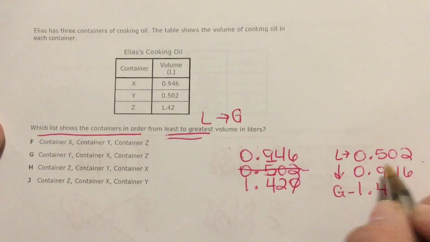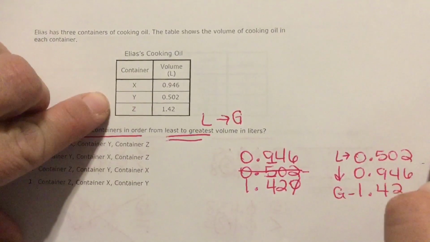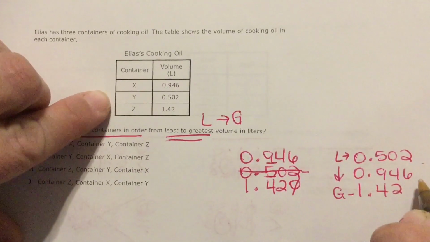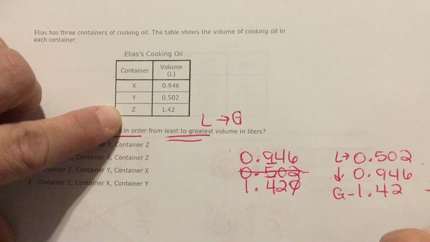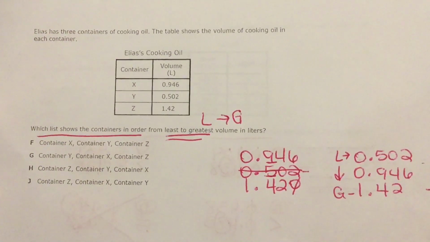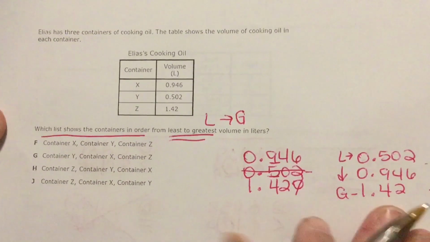All right, so 0.502 is Y. 0.946 is X. And 1.42 is Z. So you're looking for the containers Y, X, Z. Sorry, you can't see that.